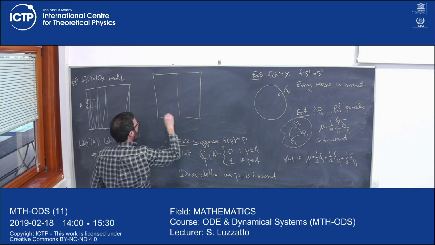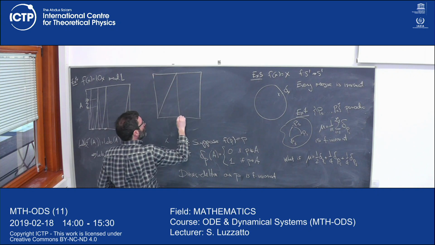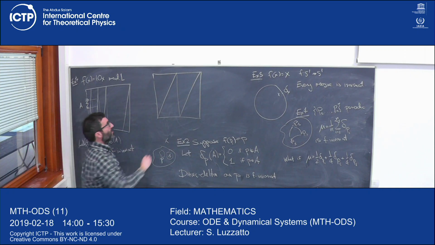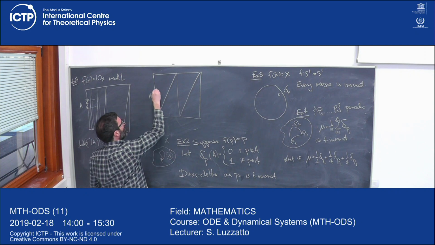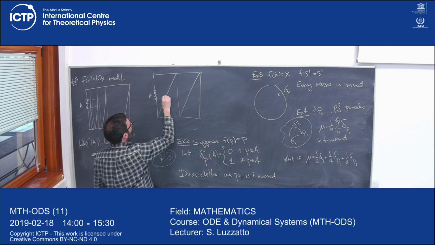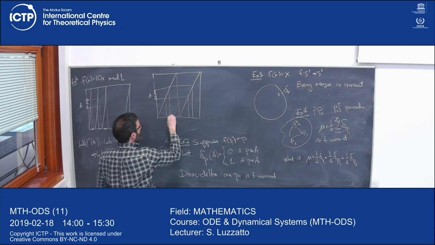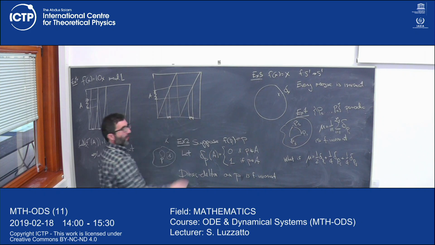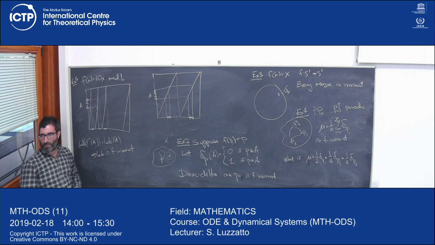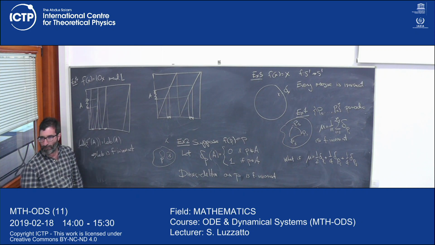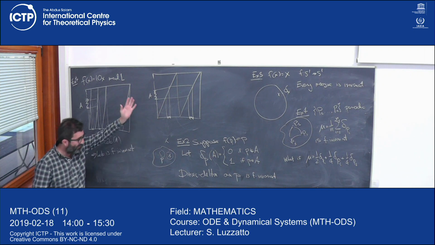If you have 2x mod 1, then what's the situation here? You have A, and the pre-image has two components, and each one is 1/2. Okay, so the Lebesgue measure is also invariant here. You can easily do 3x mod 1, 4x mod 1, it's all exactly the same calculation. The Lebesgue measure and all the fixed points and periodic points.